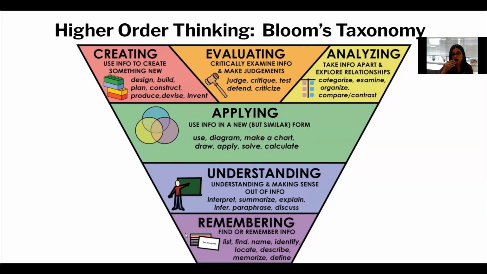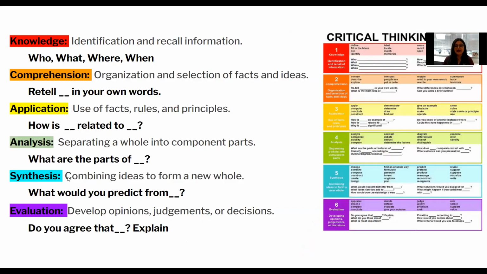So this is where you're understanding what you're reading, what you're reviewing, and then you move up, and the goal is the top of this pyramid, because the top of the pyramid is where you're tested. So we want to be sure that once we've gotten to the remembering phase, we're at the understanding phase, and we move up to applying, creating, evaluating, and analyzing. How do we get there? We get there by asking ourselves a series of questions.